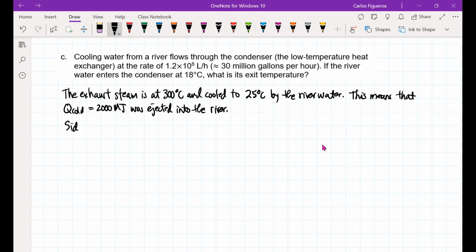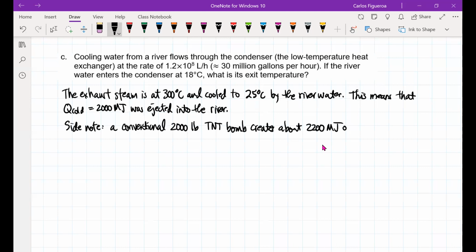As a side note, I don't know what 2,000 megajoules are, but here's something. A conventional 2,000 pound TNT bomb creates about 2,200 megajoules of energy.